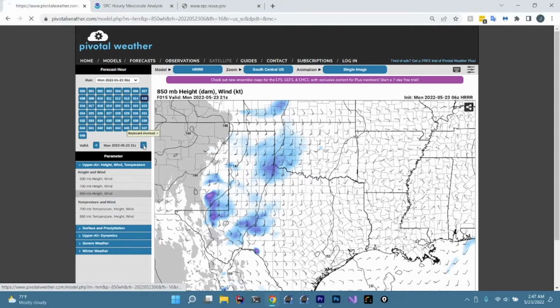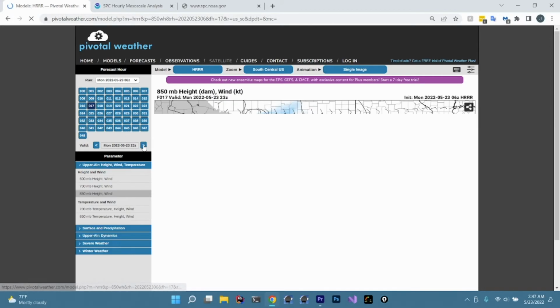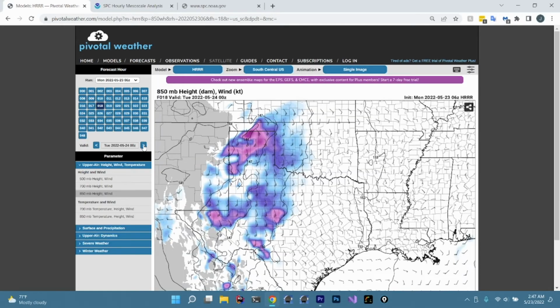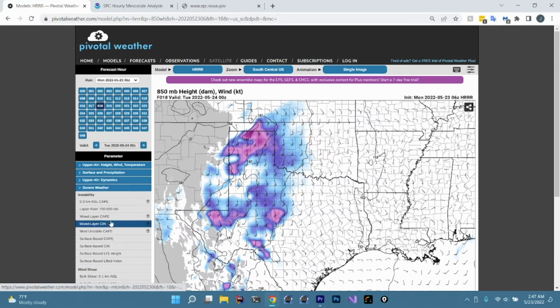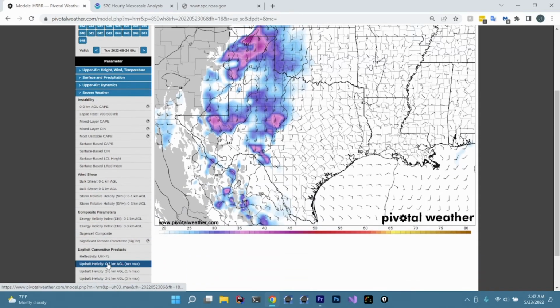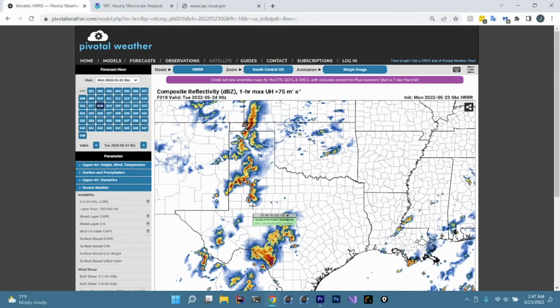Let's go ahead and click through and see if it improves at all over time. And you can see over here it improves a little bit, and over here it improves a little bit. But if we go look at our actual reflectivity, it's improving in areas where there's not necessarily going to be weather.